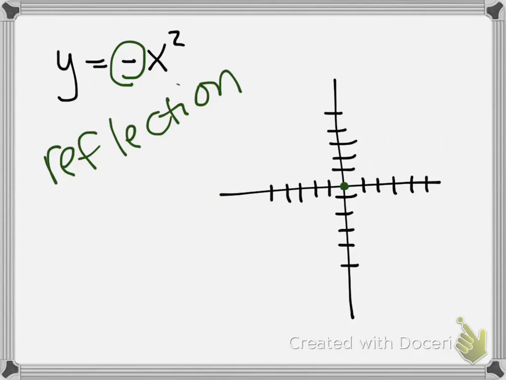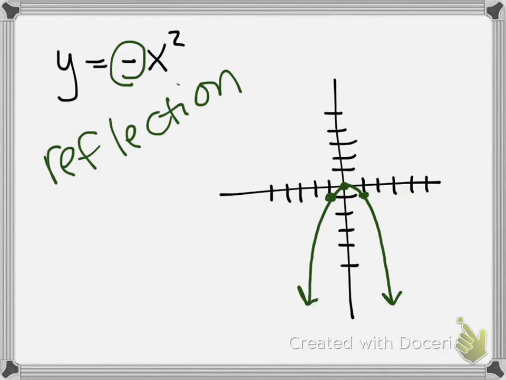And because it goes opposite of what the normal x squared function is, it goes this way, and it goes this way. And notice that it hits these points where it's one box over: one over right and down, and one over left and down, to give you these two guiding points that help you to draw the U.